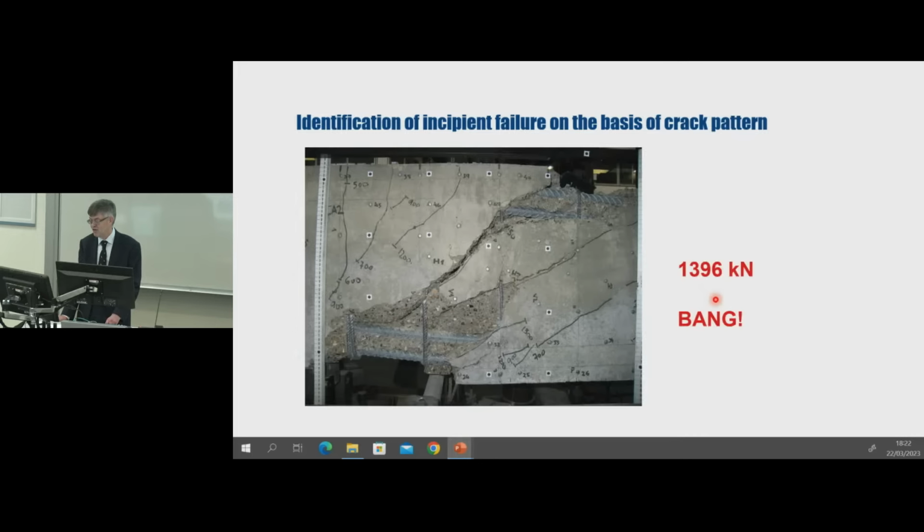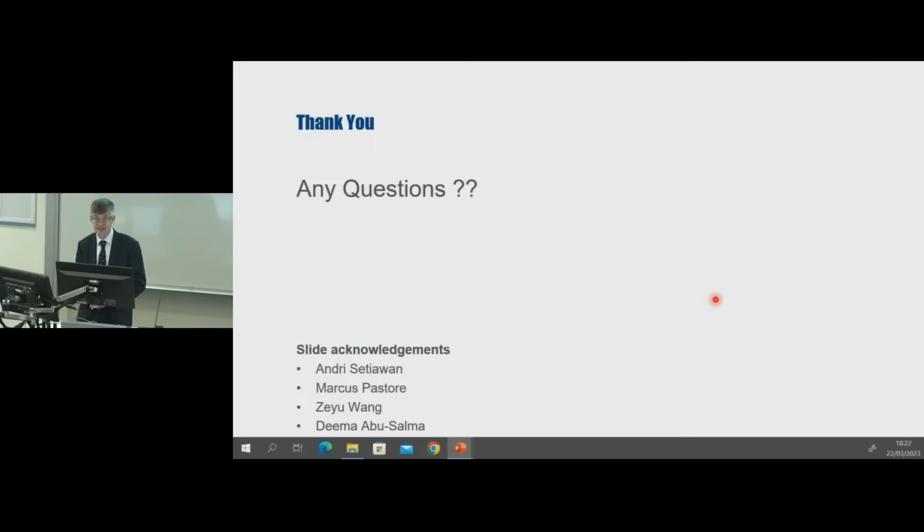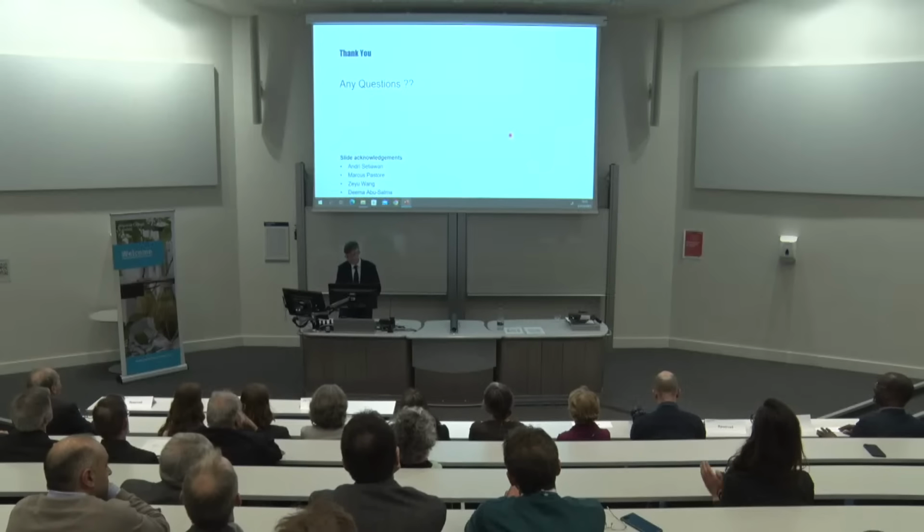We increased the load to 1,396 kilonewtons, big bang, and catastrophic failure. So the challenge is how, from the crack pattern alone, can we ensure the safety of our structures? So that brings me to the end. Thank you very much for listening, and I think we have some time for questions.